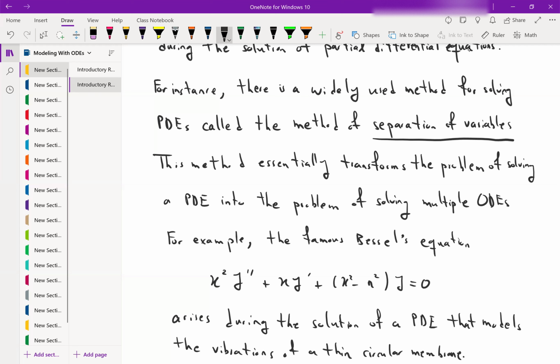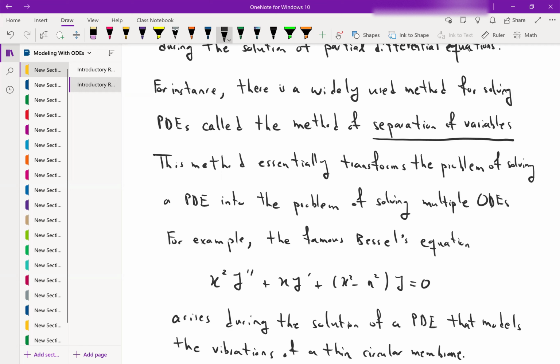So the bottom line is that there is a collection of famous, interesting ODEs that one must definitely get familiar with if they want to claim that they know about ODEs. The way they appear is that initially we start with a partial differential equation that is supposedly describing a phenomenon, and then during the solution of the partial differential equation, we arrive at these ODEs.